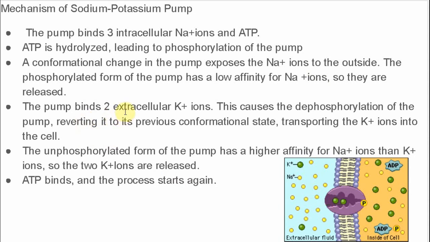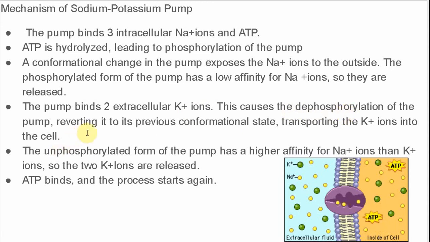Then the pump binds with 2 K plus ions. This causes dephosphorylation of the pump, reverting it to its previous conformational state, and the transport of K plus ions into the cell.